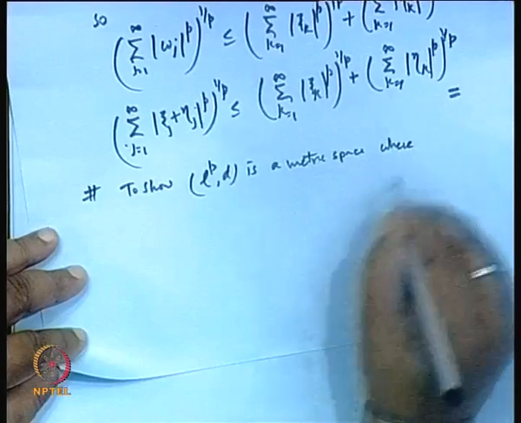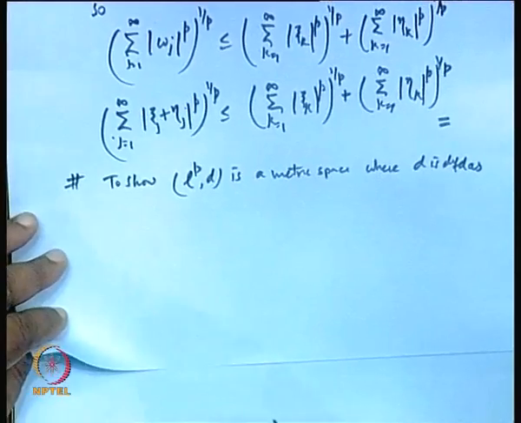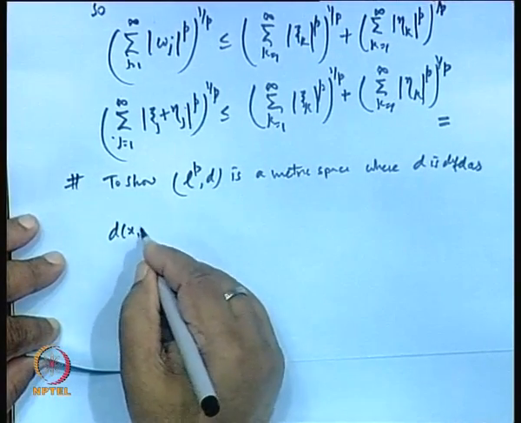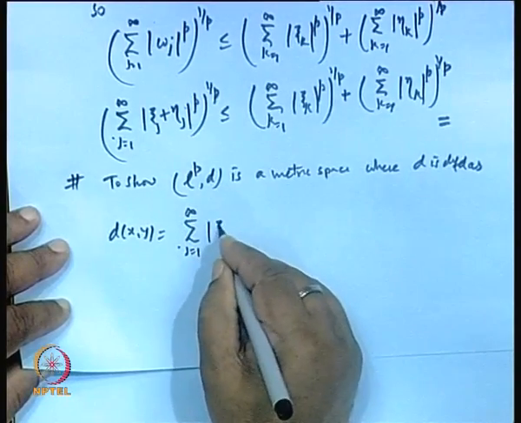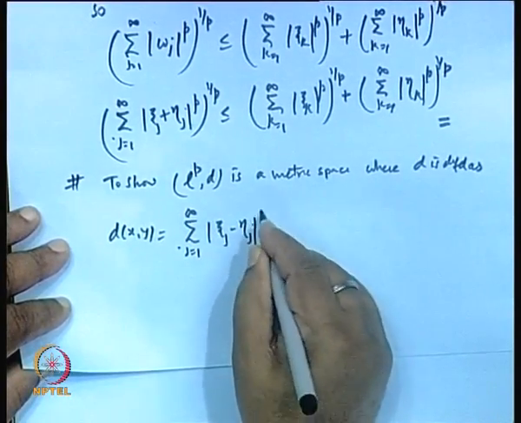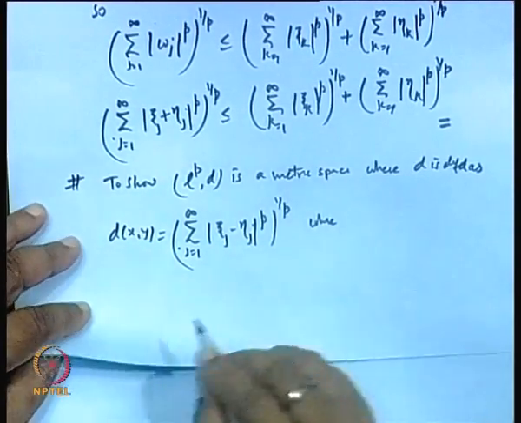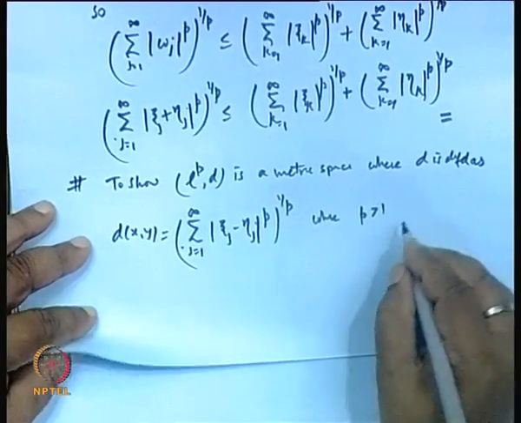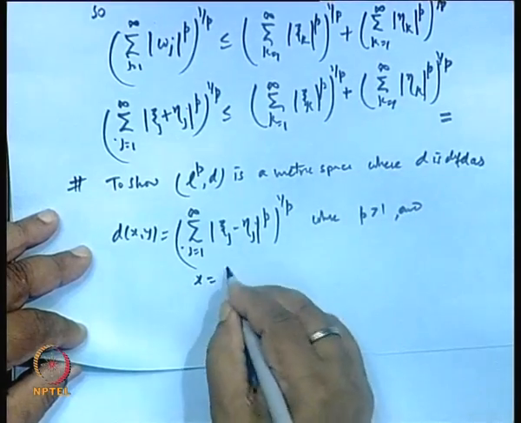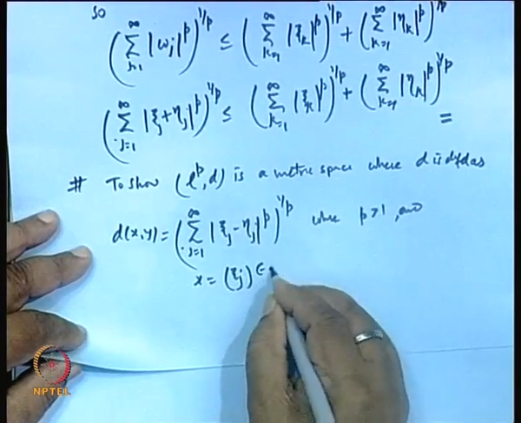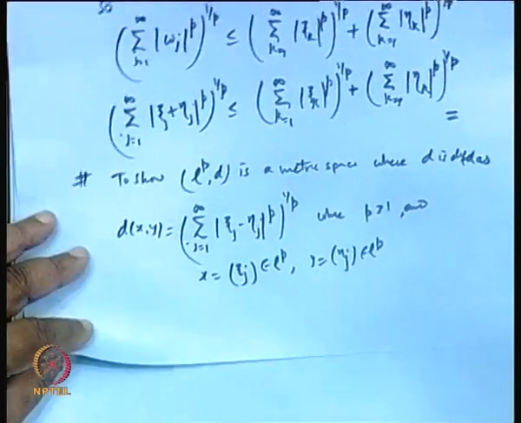where D is defined as D of x, y is the sum over j from 1 to infinity of mod xi j minus eta j, power p, whole power 1 by p, where p is greater than or equal to 1, and x equal to xi j belongs to LP, y equal to eta j belongs to LP.